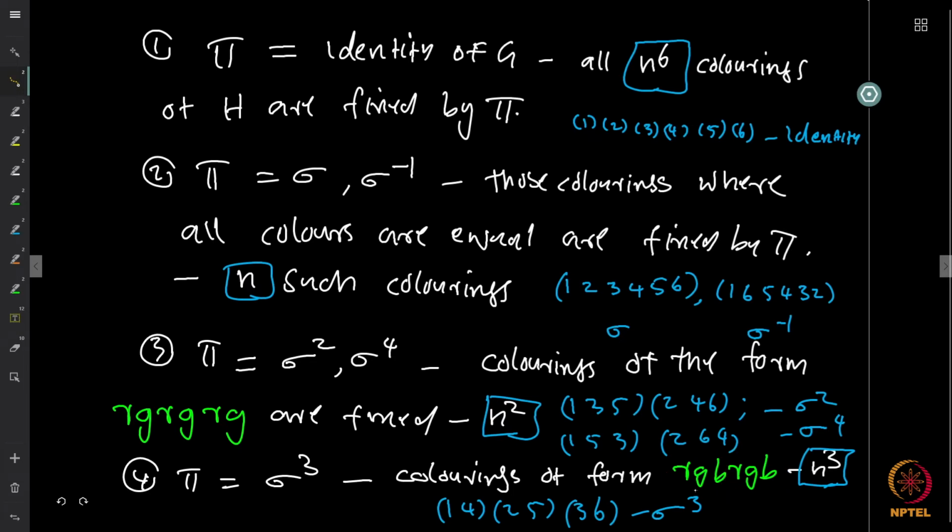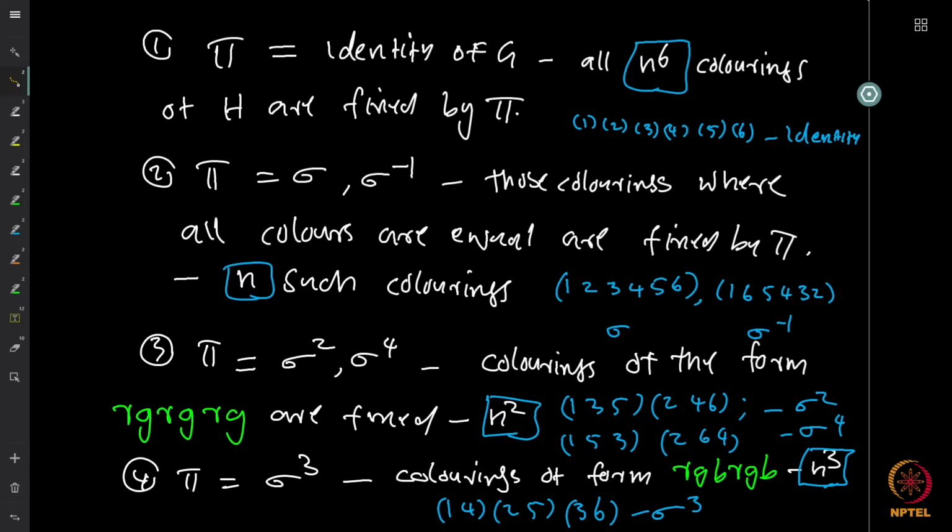So therefore, I have three choices, n into n into n, n cube colorings. And these n cube colorings will be fixed by the permutation sigma cube. So this covers all possible elements, all the 6 elements in the group.